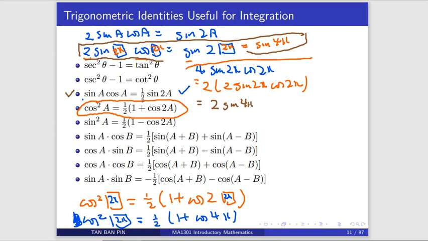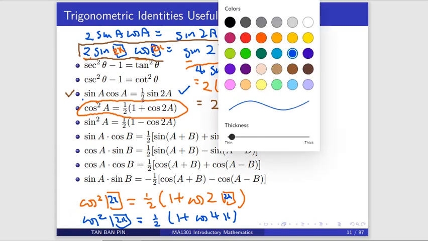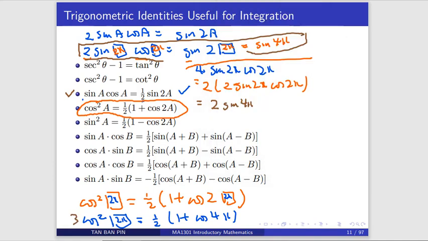And then you can put in the 3, so you just times 3. Instead of half, you times 3, so it becomes 3 over 2.